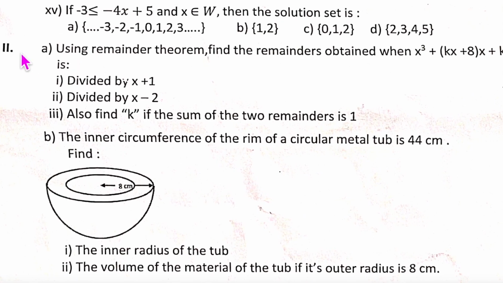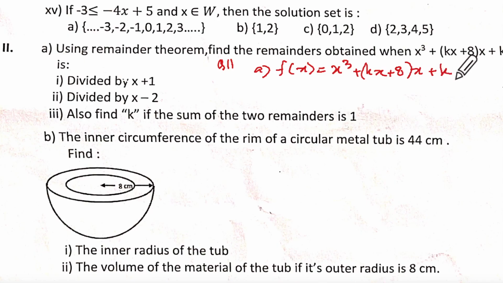They are showing like this. So this is question 2, sorry. So question 2 and A. They are giving you f of x is equal to x cube plus kx plus 8 into x plus k. This is your polynomial.